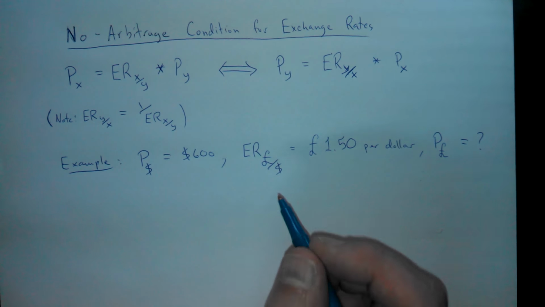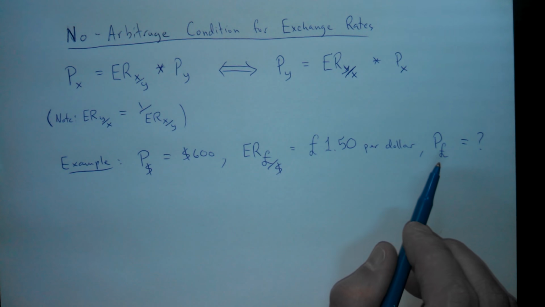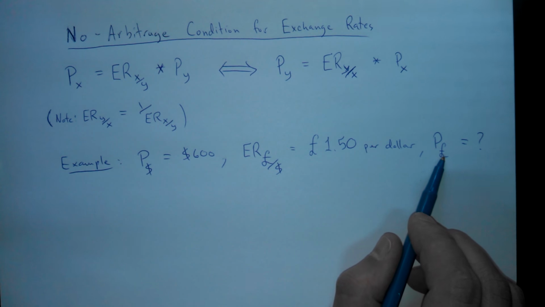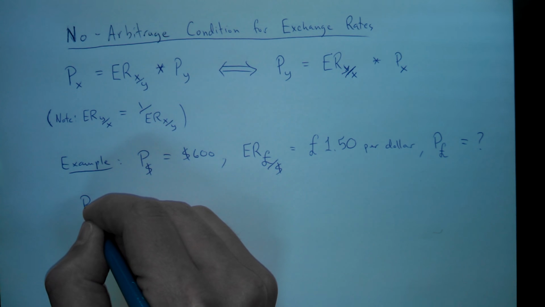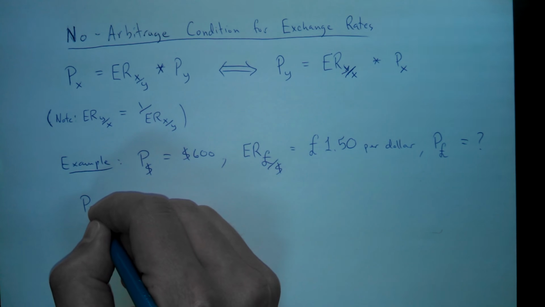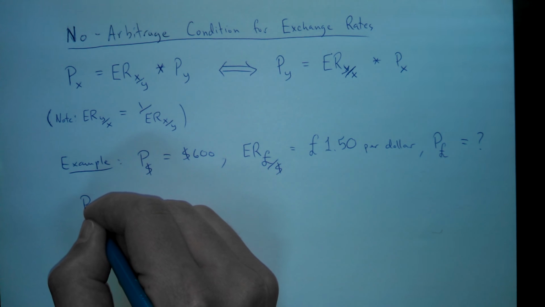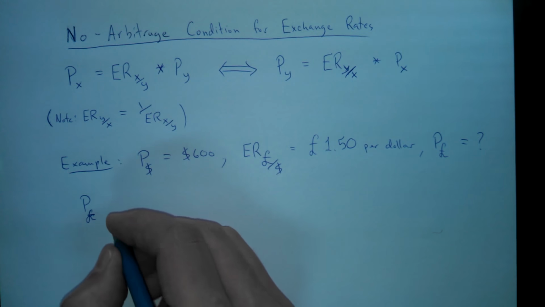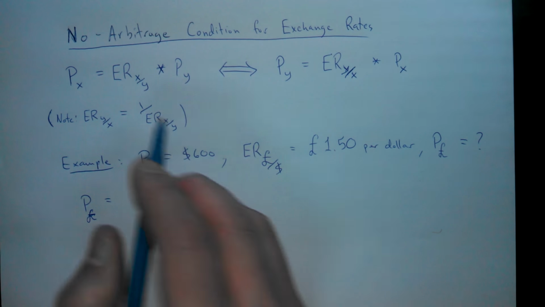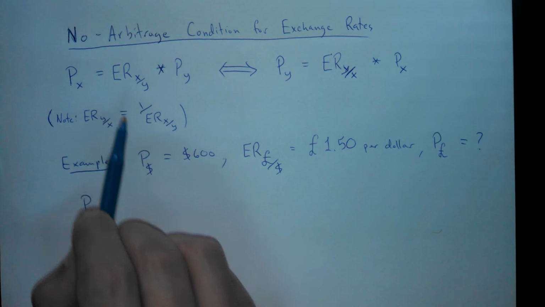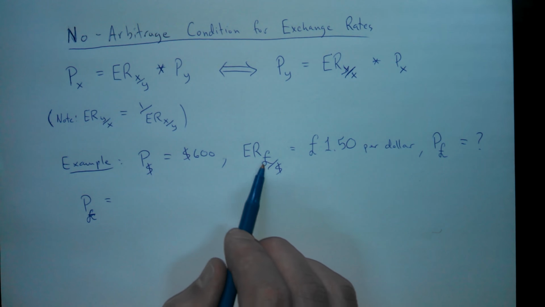Let's call country X Great Britain, so that's pounds. We want the price in Great Britain in pounds, which must be equal to the exchange rate of Great Britain over the United States, and that's what we have here.